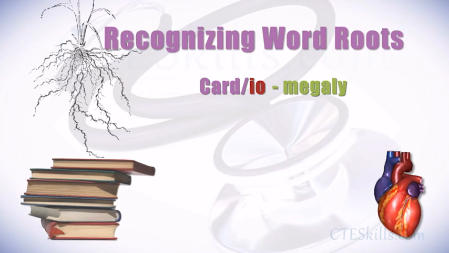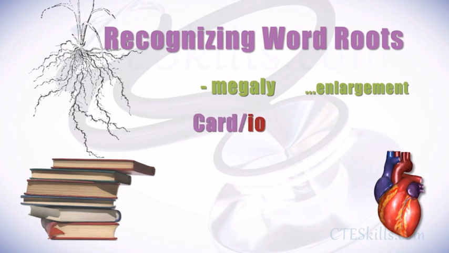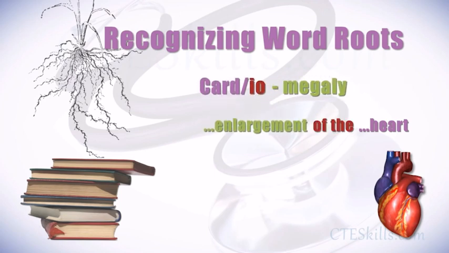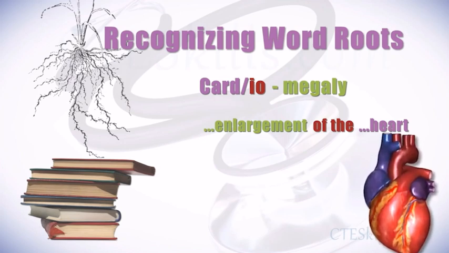So you would first decipher the suffix, in this case megaly. Megaly means enlargement. The next element is the main element of the term, which is called the word root. Cardio, which means heart. The complete meaning for this term, cardiomegaly, is enlargement of the heart. You can then say, this term is indicating that the heart is larger than normal.